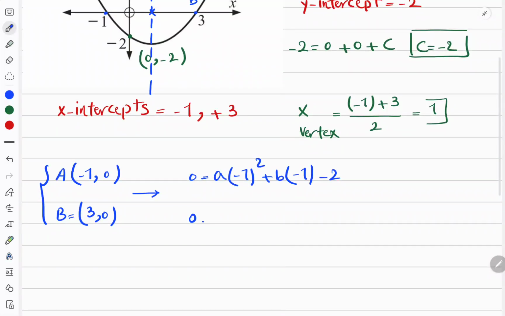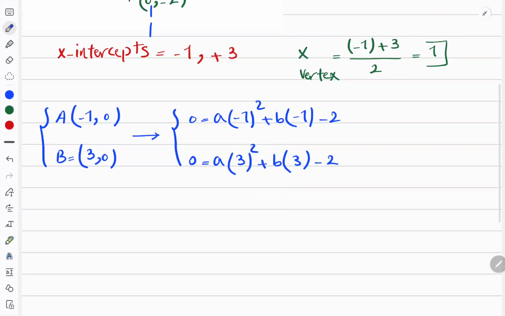Okay, and 0 equals a times 3 squared, b times 3 minus 2, and I'm going to simplify these two equations. 1a minus b, and we can take -2 to the other side of the equation and change the sign to +2. And the same story for 3 squared is 9a plus 3b is +2.